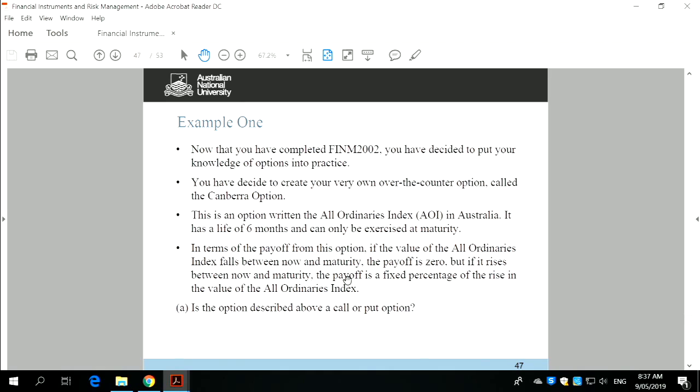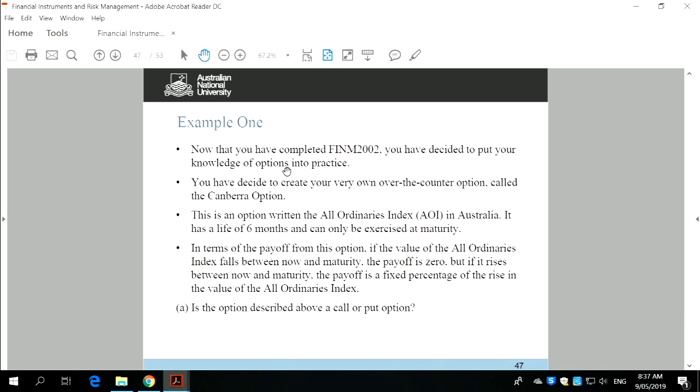All right? So basically with this sort of question, you have all the knowledge you need to solve it, but you probably never encountered this question before. So the question says, you've completed this unit and you decide to put your knowledge of options into practice.